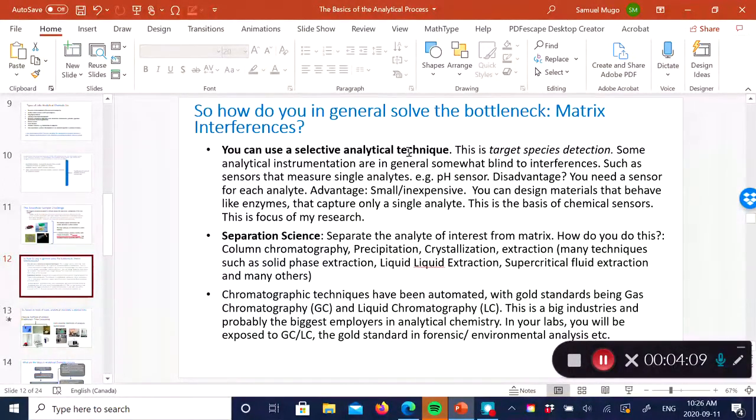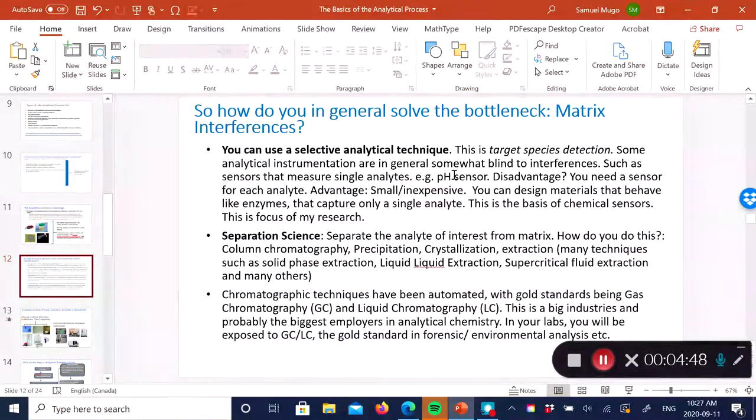A good example is a pH sensor. If you take a pH electrode and dip it in blood, despite the fact that there's lots of other junk, or matrices, present in blood, largely you're just going to measure the hydronium ions present in blood. And so that's a good example of a chemical sensor that is very, very selective to whatever you're looking at. Meaning, you don't need to separate the matrix from the analyte, because the method is blind to the interfering species.